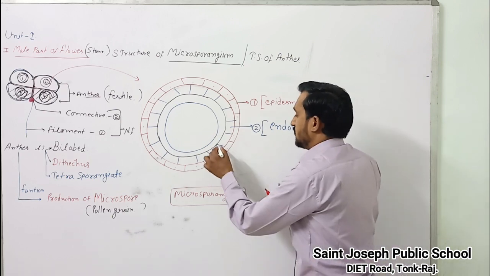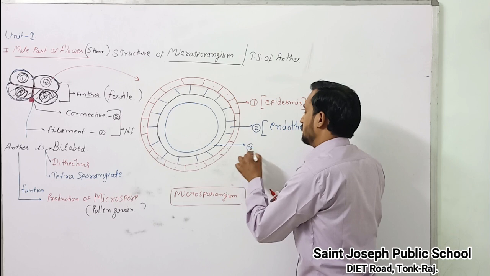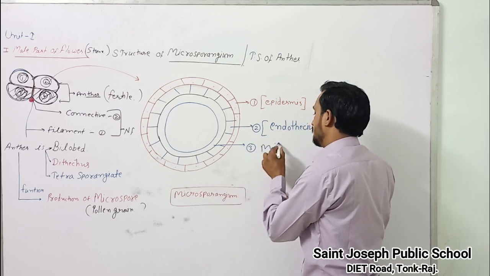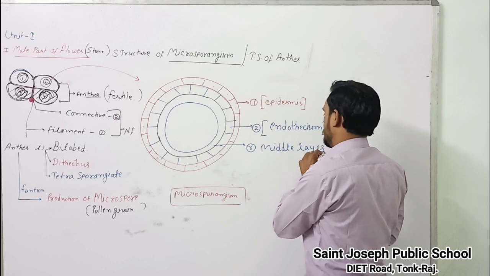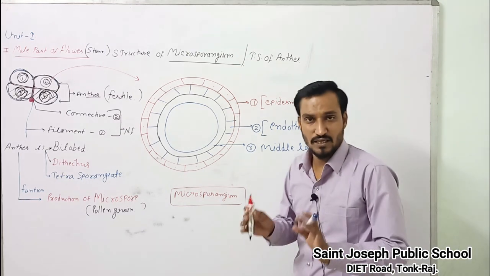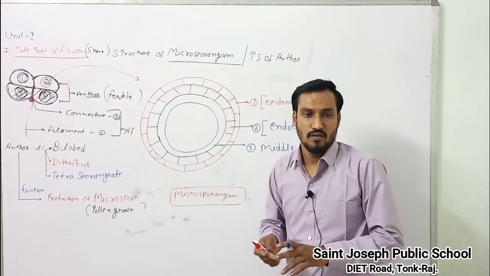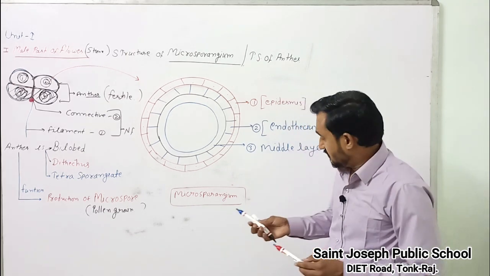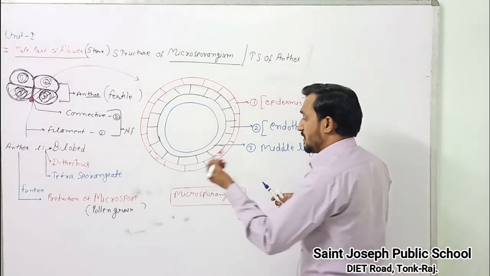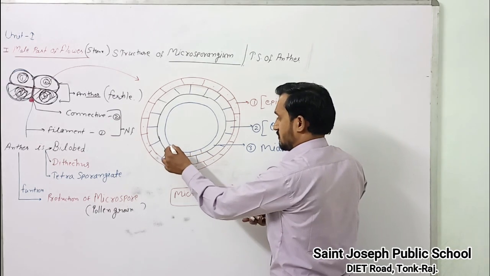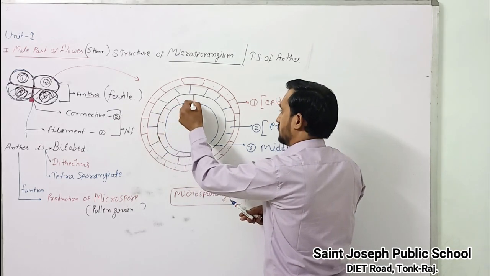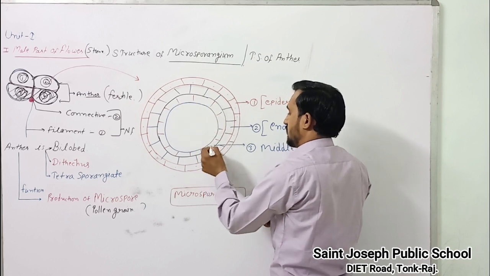Third layer, inside the endothecium, that is the middle layer. These are the 3 wall layers. Inside the middle layer, there is an important layer. I want to plot it here. This is our middle layer.